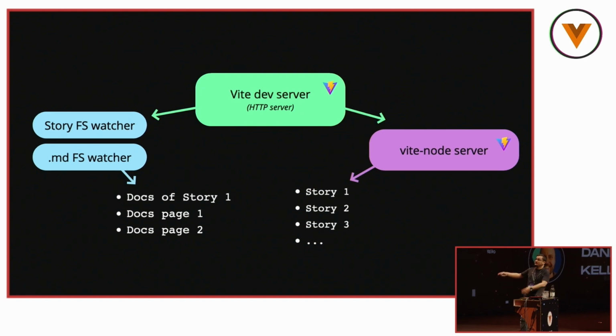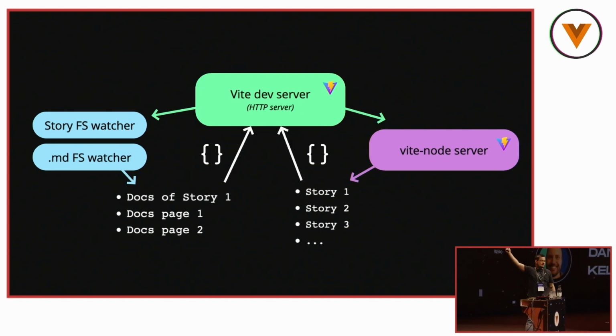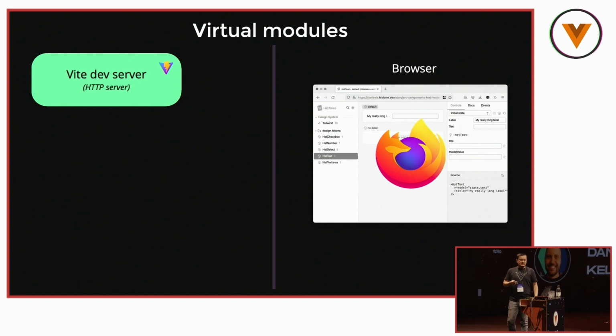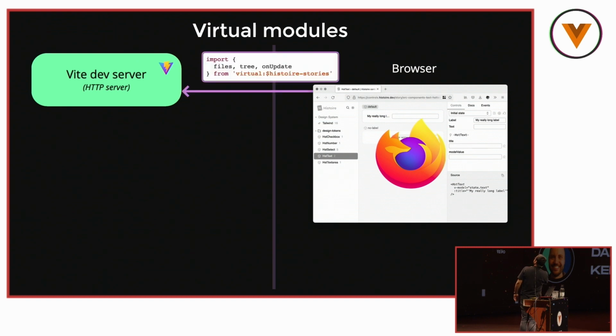All of this goes back then to the Vite dev server, and we are using all of this information in the Vite dev server through virtual modules. So that's where they come into play. Here is an example of a virtual module. In the browser, we can import a virtual module using a standard ESM import statement here.